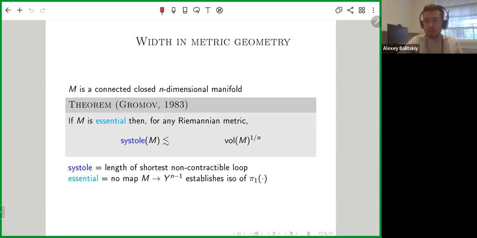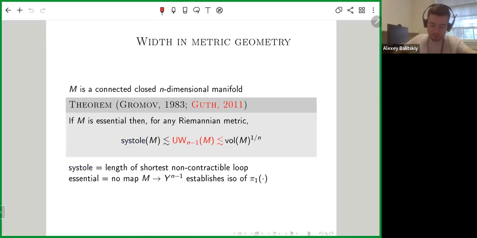And so the question is, can you guarantee the existence of a non-contractible loop of reasonably short length in terms of the volume? This is only true under certain topological assumptions, which I mentioned here, but this is absolutely not relevant to the rest of this talk, so we might just skip this.